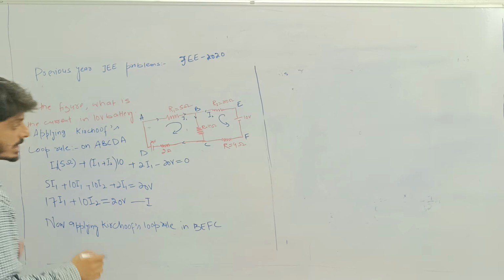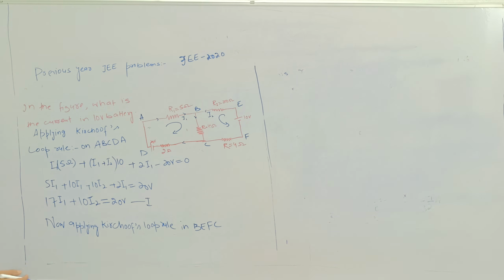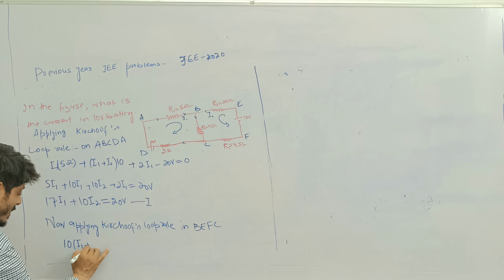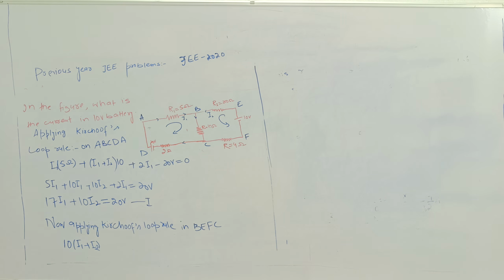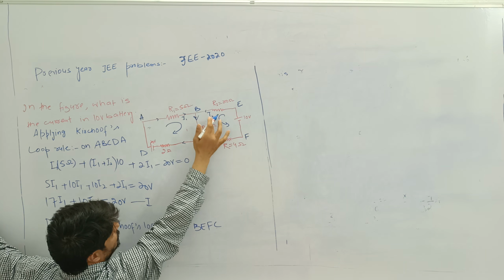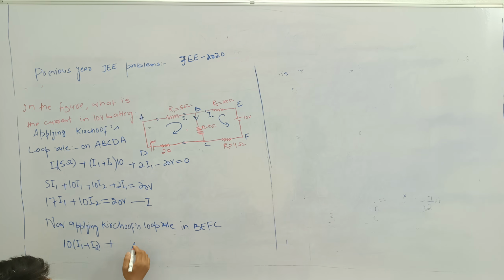Going around BEFC, the current comes from here, so it means 10 into (I1 plus I2), plus 10 into (I1 plus I2) for this resistance, plus 4 into I2, minus 10 volt is equal to 0.